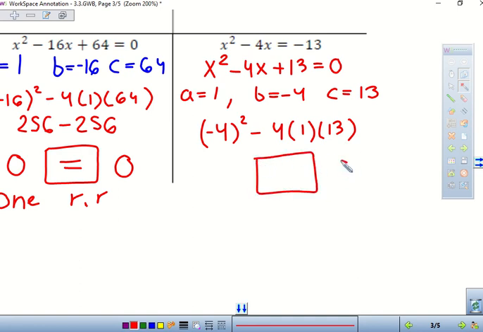That gives me 16 minus 52, which is negative 36. Is that greater than, equal to, or less than 0? So what's that mean? No real roots, which means your roots must be imaginary.